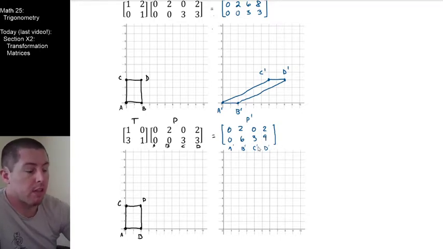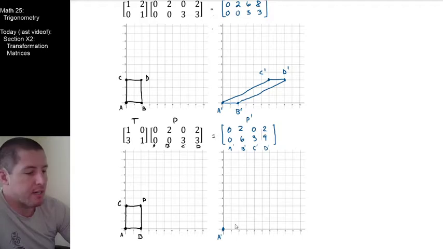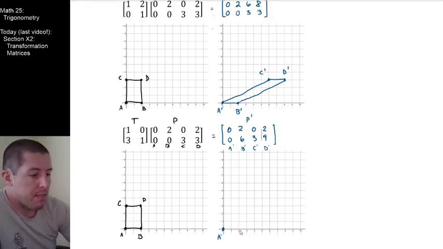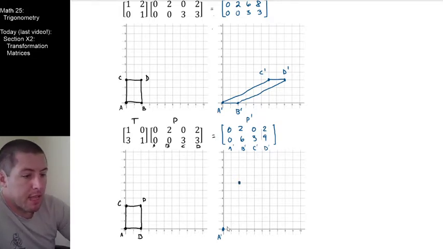So let's go ahead and take a look at what our new points look like here. So now we've got 0, 0. A prime didn't move, and things at 0 are often not going to get adjusted by transformations. B prime is now at 2, 6. Ooh, it's way up there. C prime is at 0, 3. And D prime is at 2, 9.